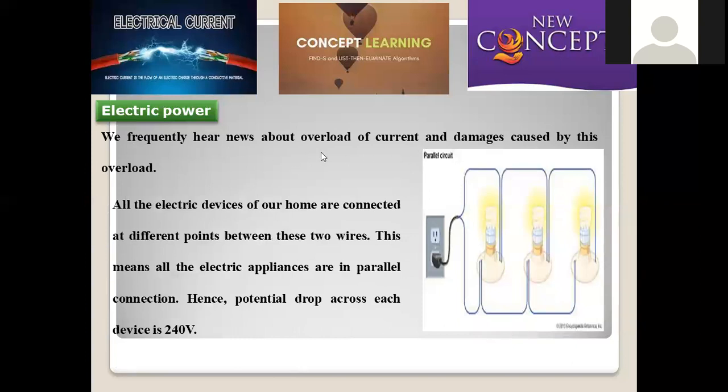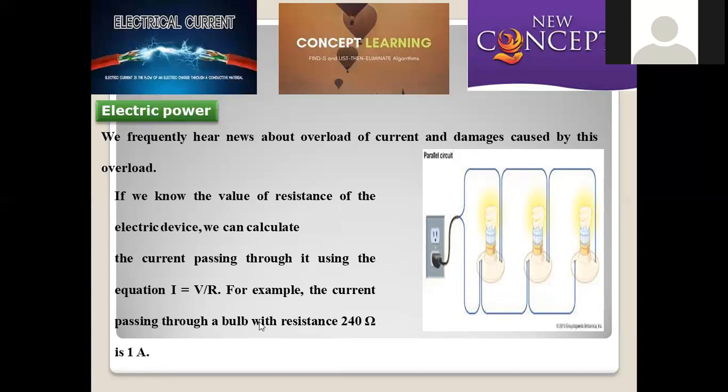We frequently hear about overload. Then what is meant by this overload? All the electronic devices at home are connected at different points between the two wires, so 240 volts is the maximum limit. They are all connected in a parallel manner. If it exceeds, what happens? That causes a hazardous impact on us.